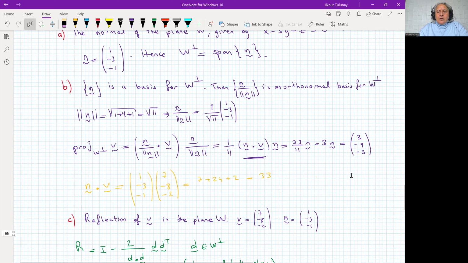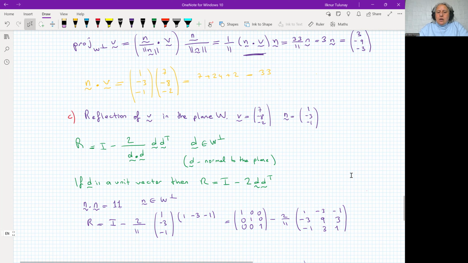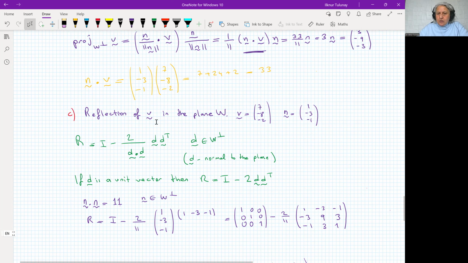Done. Now the last part of this question is what is the reflection of the vector v in the plane W? There is a formula for the reflection, which is given in your lectures. R is the reflection transformation. This is the matrix form of the reflection transformation. A reflection is a transformation, and we know that a transformation can be expressed as a matrix.